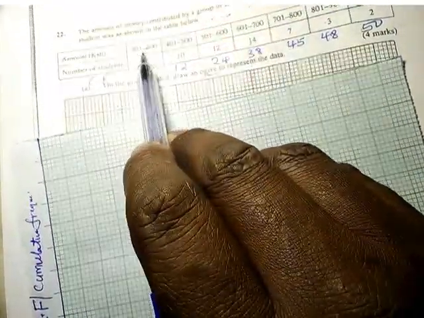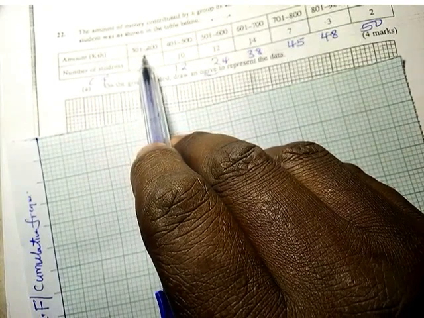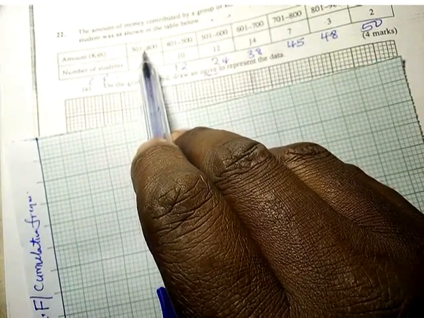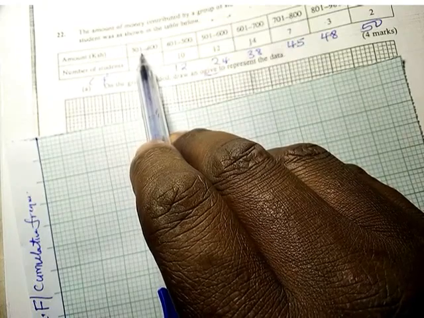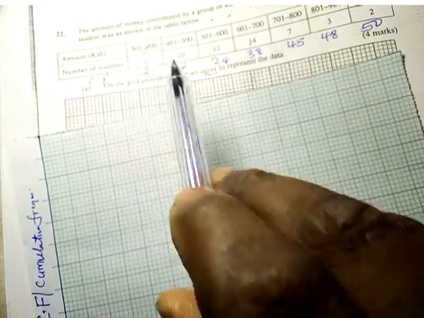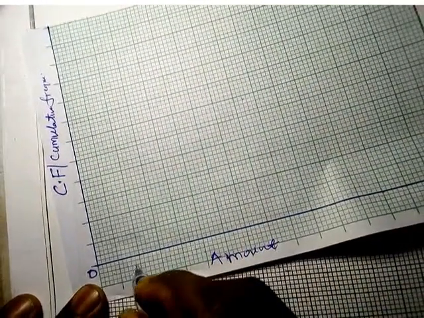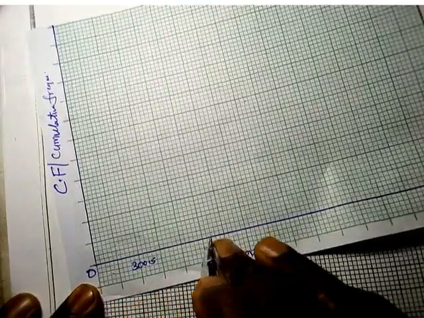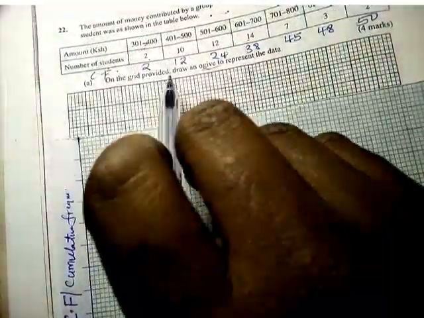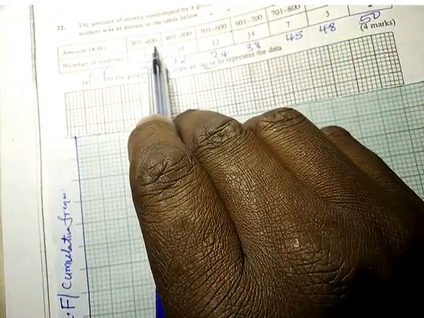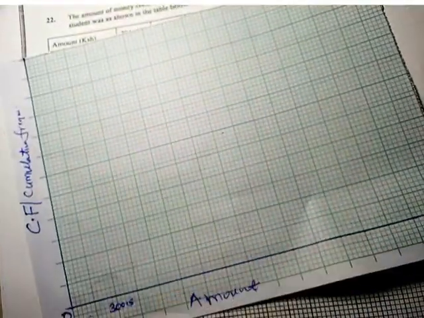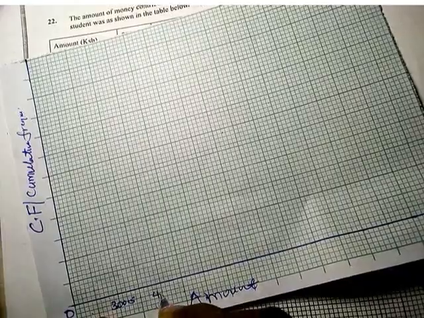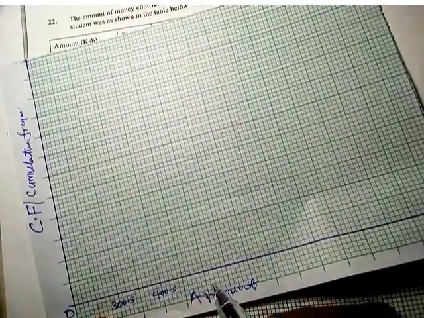So here we have 301, so the lower limit is going to be 300.5. So we start here at 300.5. The next one will be the lower limit of this, which is 400.5.